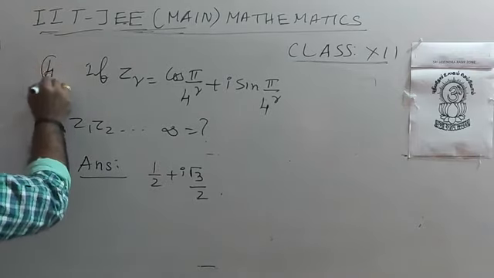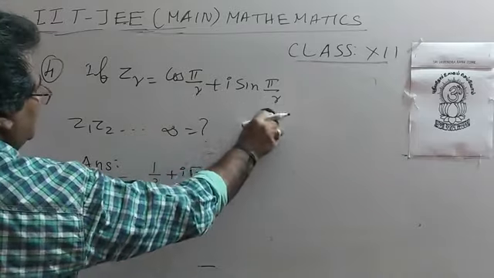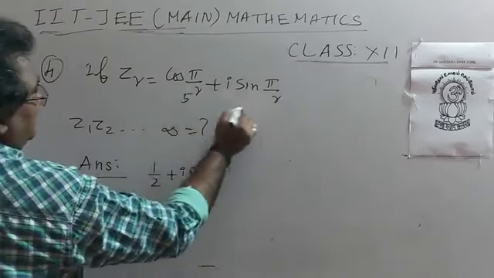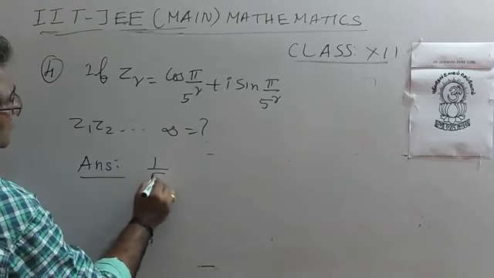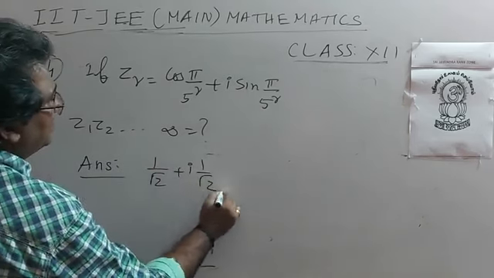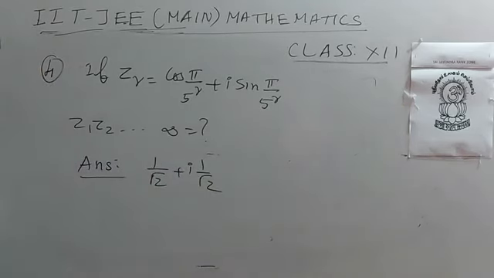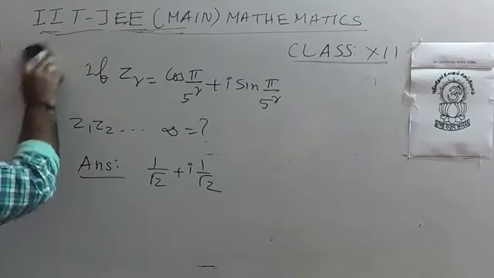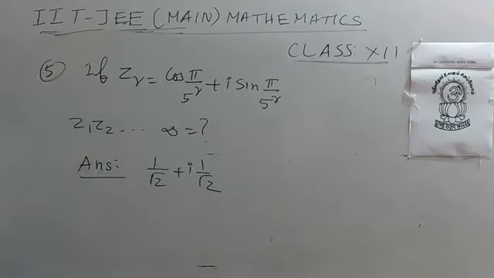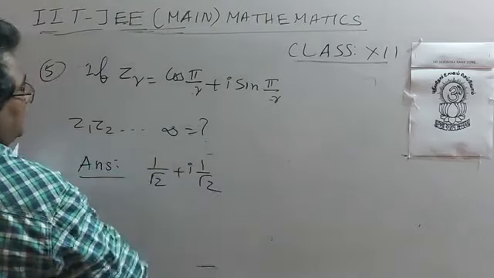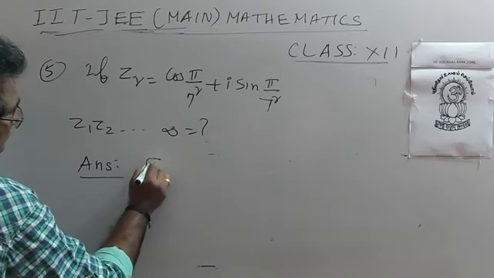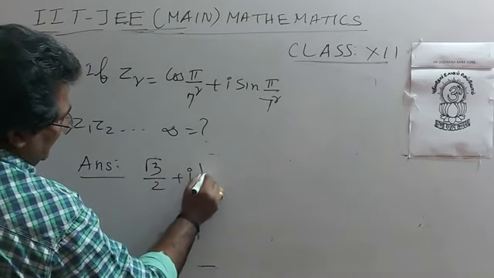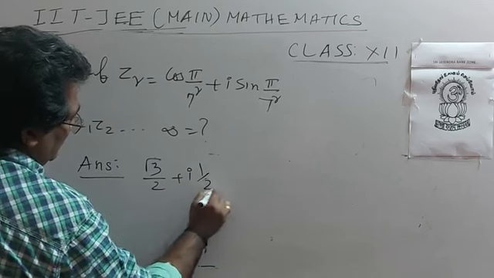Next one, take 5 power r. The answer will be 1 by root 2 plus i 1 by root 2. Next one, here 7 power r. Root 3 by 2 plus i 1 by 2.